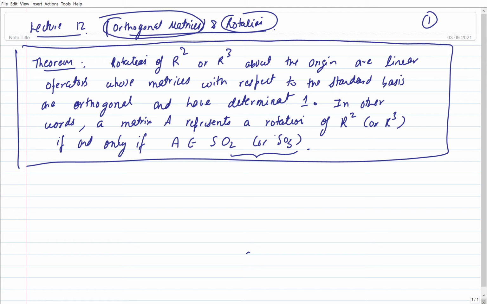Now we come to how we go about constructing this. So first of all, what exactly are rotations?